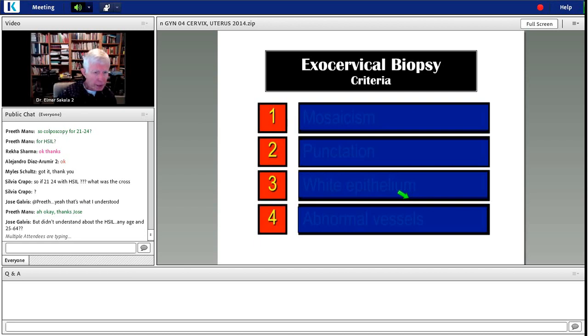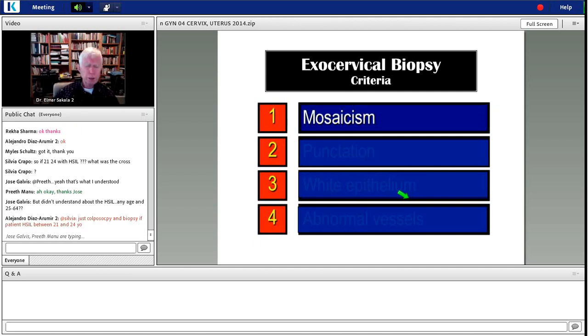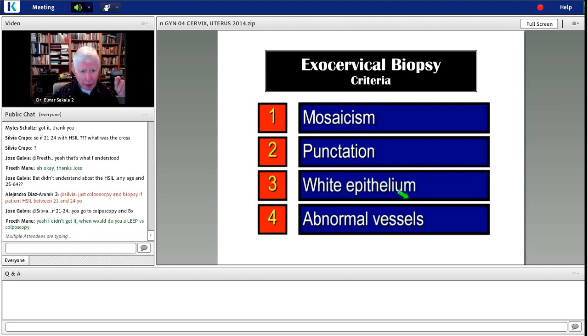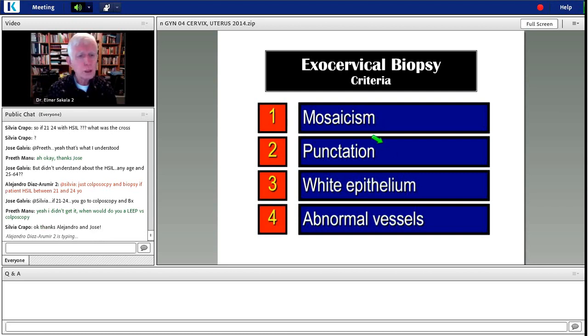Okay, the ectocervical biopsy. On the outer part of the cervix, we're looking for 4 kinds of abnormal epithelium. We're looking for mosaicism. I'll share what that looks like in just a minute. Punctation, white epithelium, abnormal vessels. So when we look at the ectocervical specimen, it could be mosaicism, punctation, white epithelium, or abnormal vessels.